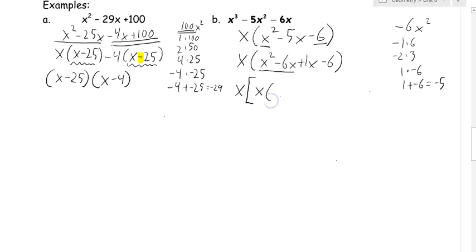So I'm going to use parentheses here on the inside. Also factoring out the common factor of the last 2 terms. They have a 1 in common, x minus 6. What's inside the parentheses matches.